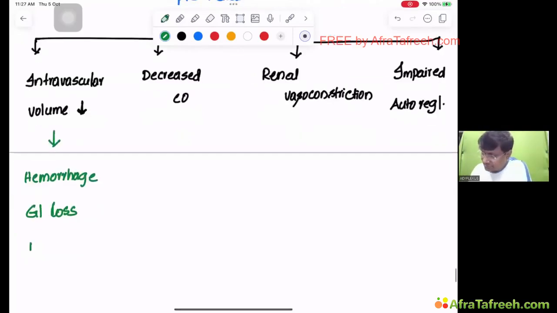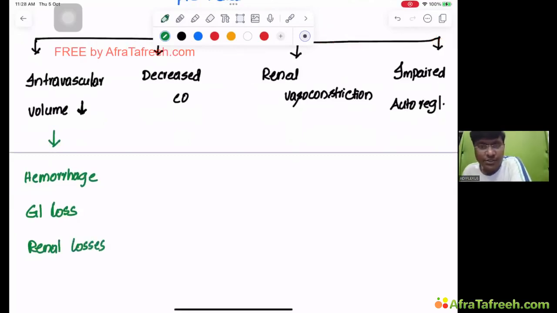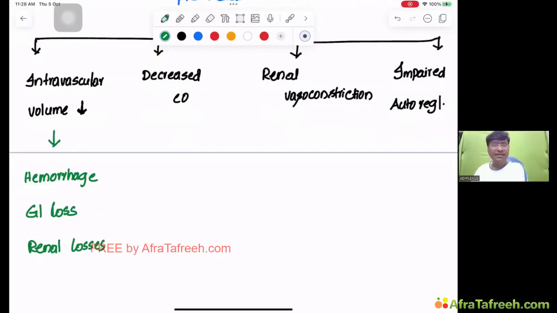Next is the renal losses. So what are the renal losses? Where you will have intravascular volume depletion is endocrine pathologies. So can anyone tell me one endocrine pathology where there can be renal loss of the fluid? Is your endocrinology done?